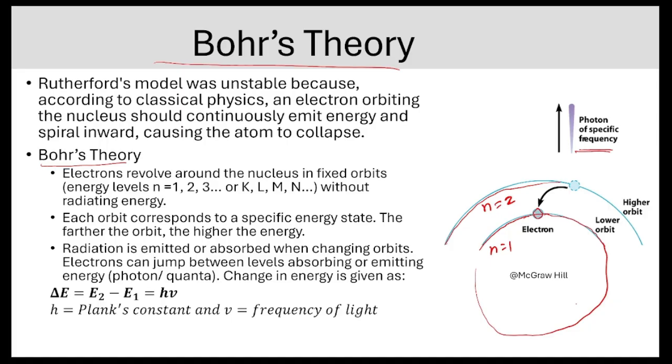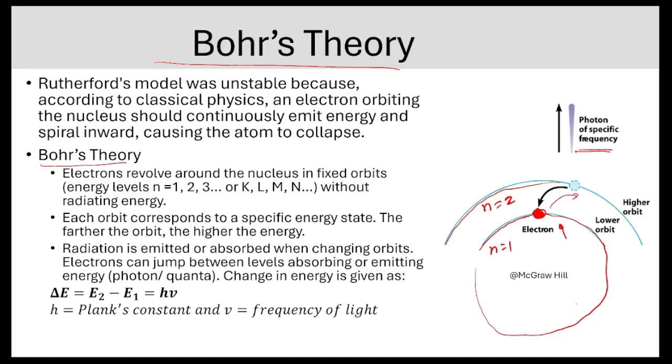If an electron absorbs a specific amount of energy, and from the chapter on light we know the energy is in the form of photons, it jumps to a higher orbit, or what we also call the excited state. So if we have an electron here and it gains enough energy to change its energy level, it will jump from this level to the next energy level.